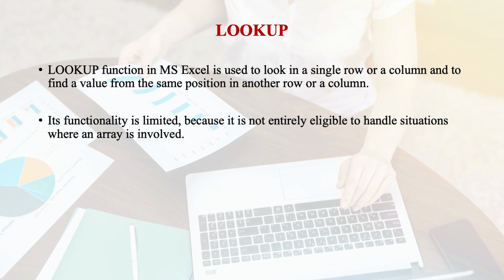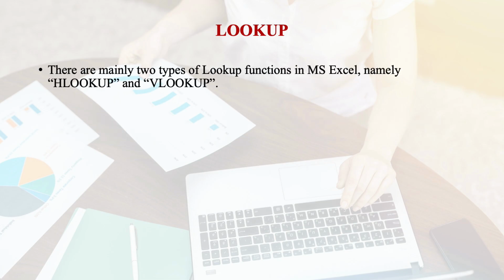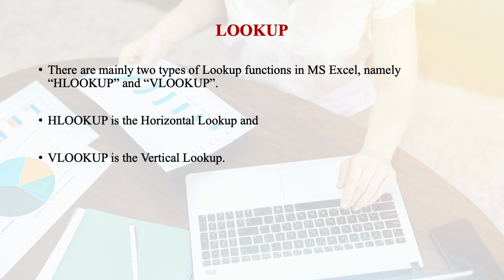So in order to work in a better way, we deal with VLOOKUP and HLOOKUP, where HLOOKUP is horizontal lookup and VLOOKUP is vertical lookup, which have better utility. So we will be exploring the functionality of VLOOKUP, and to understand it, let's explore an example.